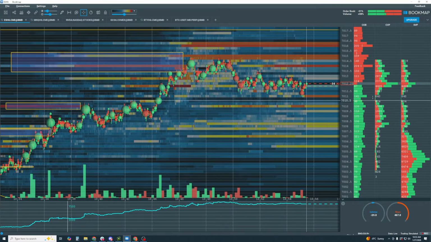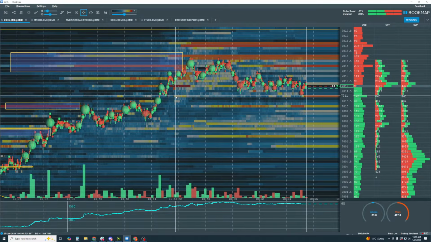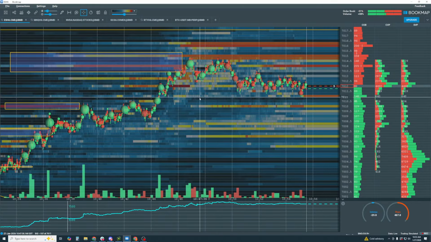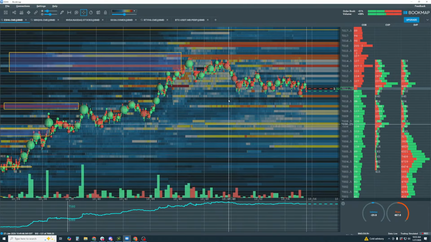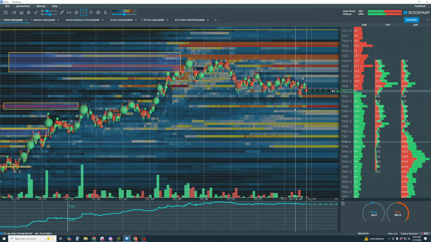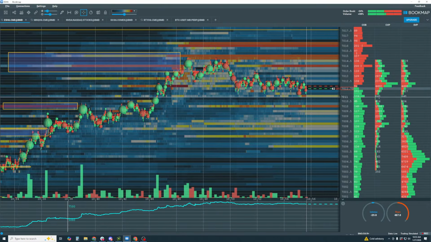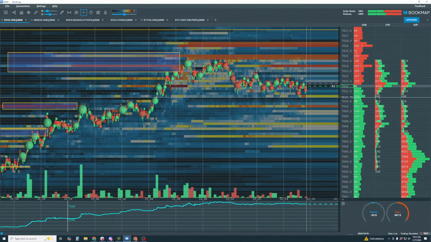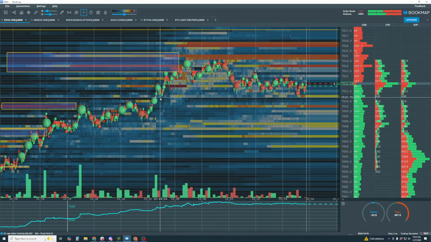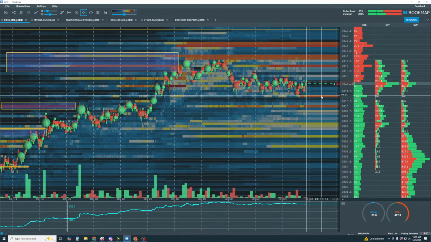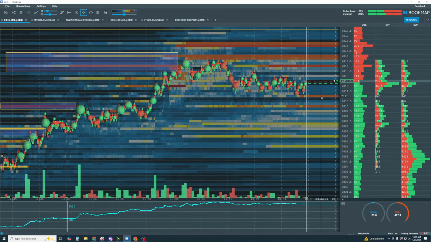Now here's another setup in here, potentially. I don't know if I like it, but we're looking at, again, a low volume pullback in here. So a little bit of selling in there, some selling in here. Look at the low volume node right here at 11. Right in this little area there are very little transactions, and we can see that buyers are coming in on the bid.